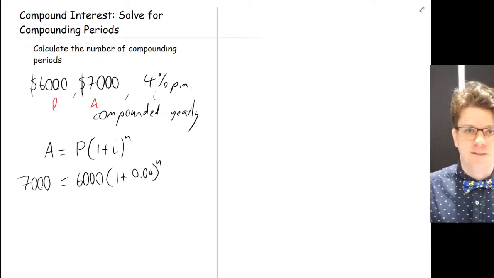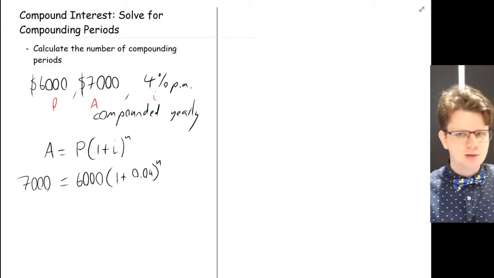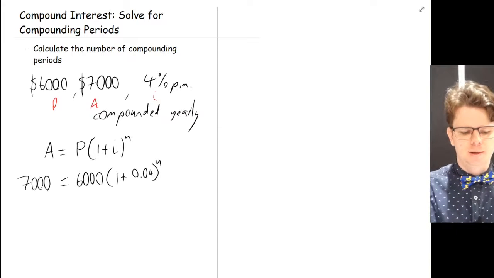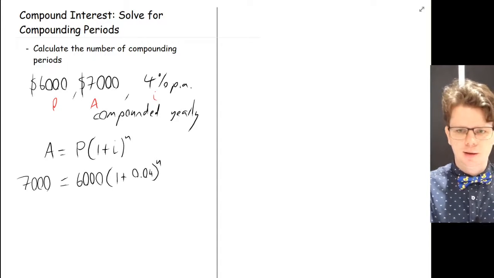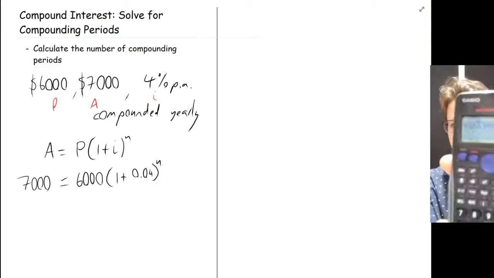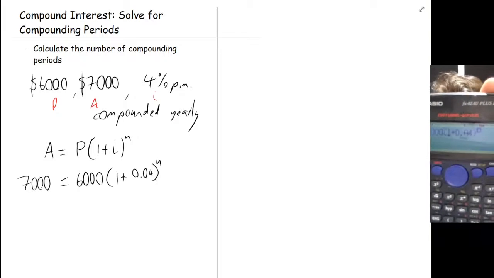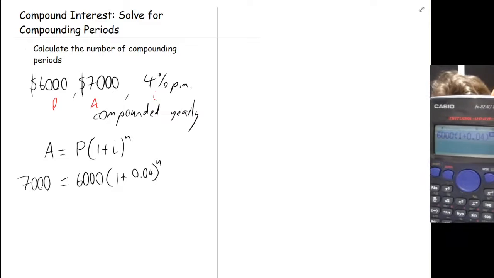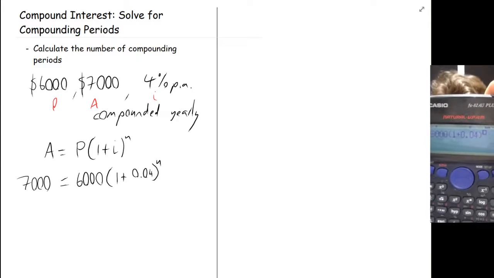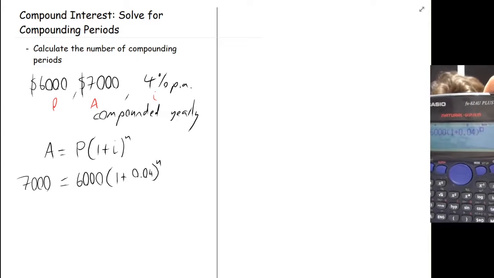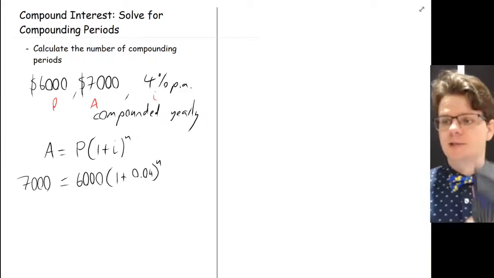My goal: find out what n is. So, what am I going to do? In my calculator, I'm going to write something that looks like this. You see I've left a nice little blank spot up there for where n will go, just using my little hat button. So now I can just type different values in.